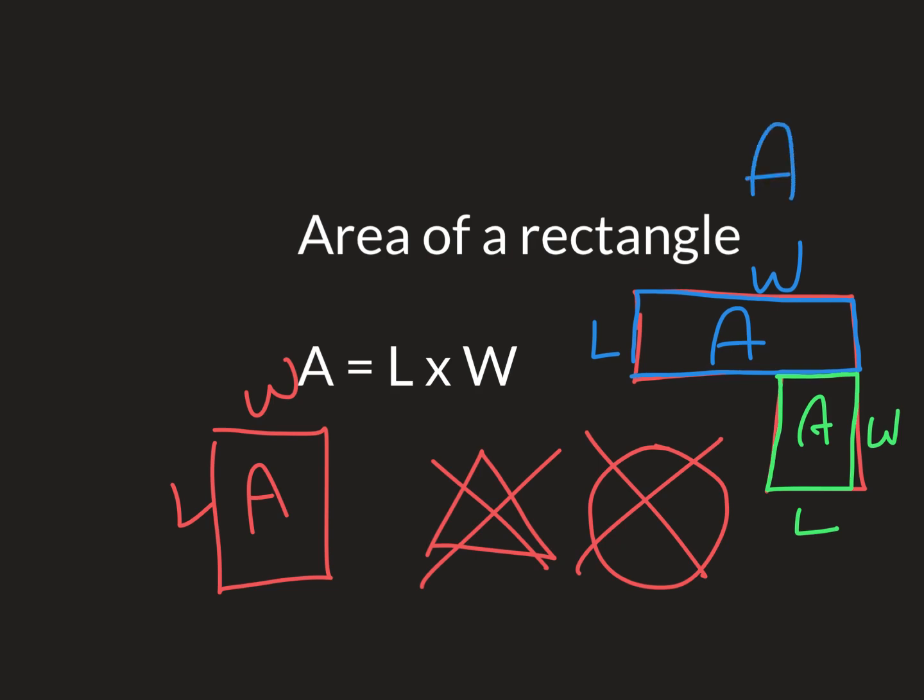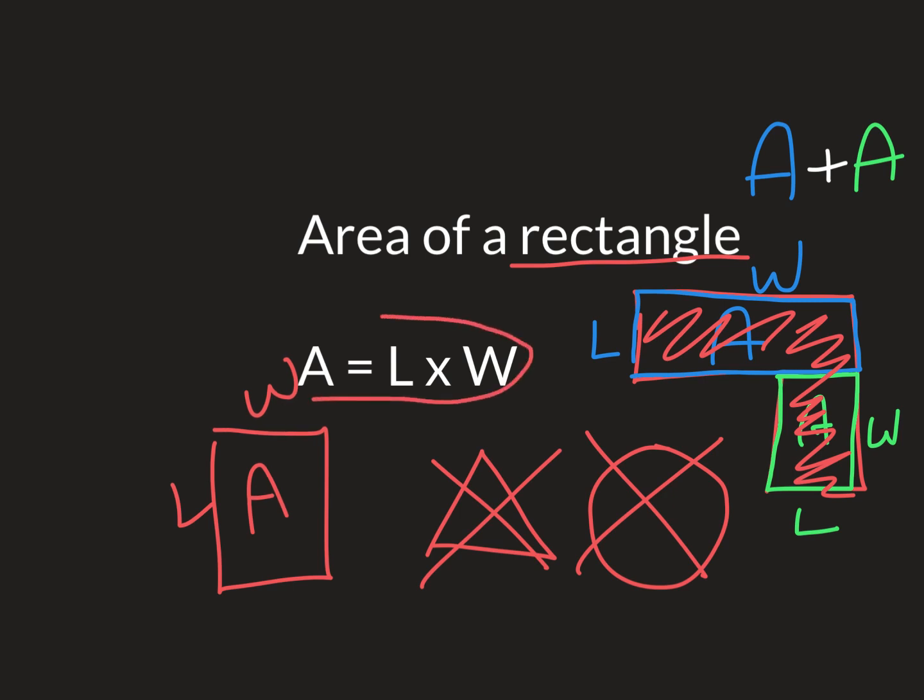Area plus area is going to provide me with the entire area of the shape. And so what we're really doing is finding and forcing rectangles to apply the formula that we know.